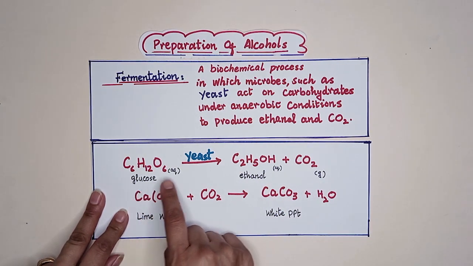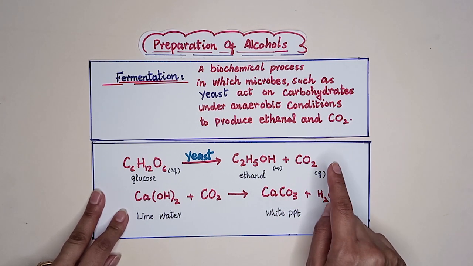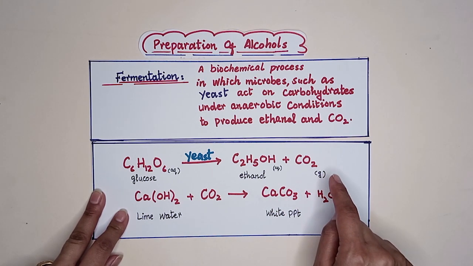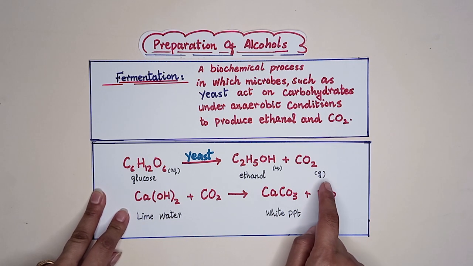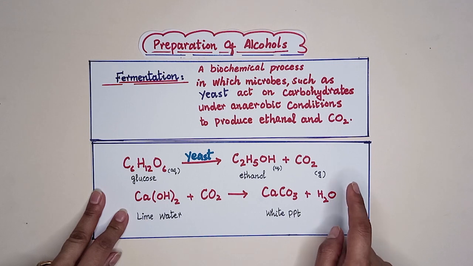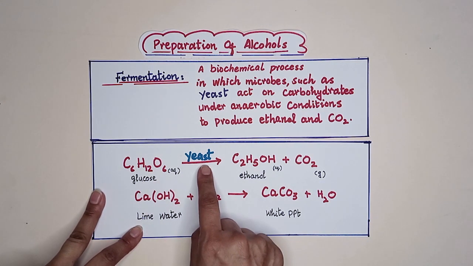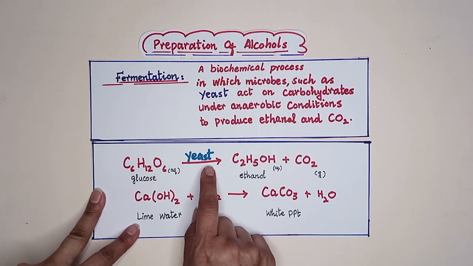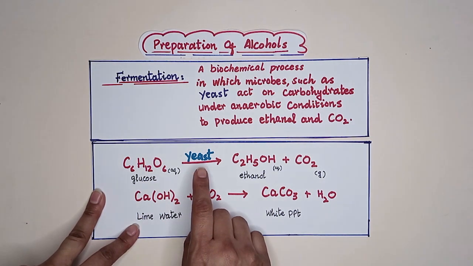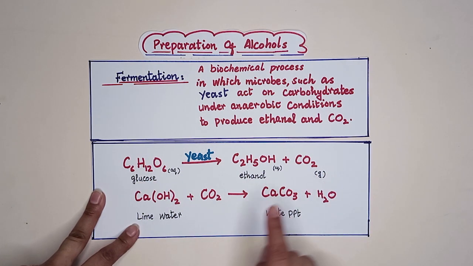When glucose in the presence of yeast produces ethanol and carbon dioxide gas, there should be a way to confirm that the colorless and odorless gas is carbon dioxide. We have a test with lime water. Don't forget that yeast respires anaerobically, so in the absence of oxygen, glucose will form ethanol and produce carbon dioxide gas.